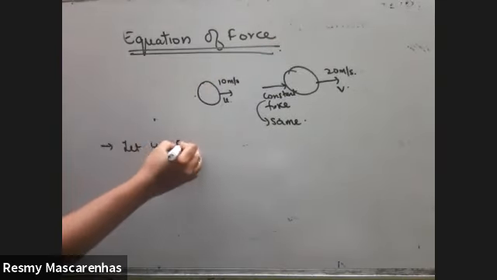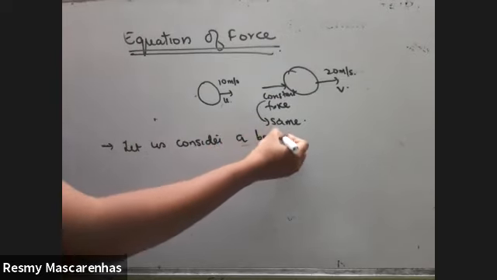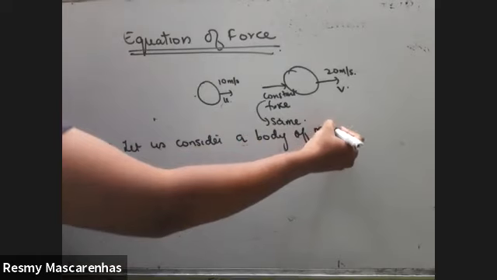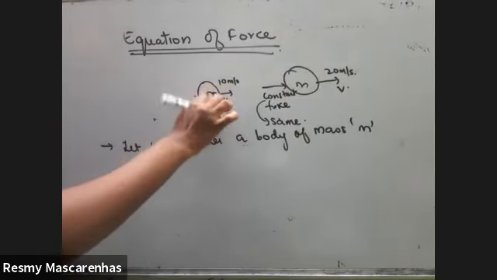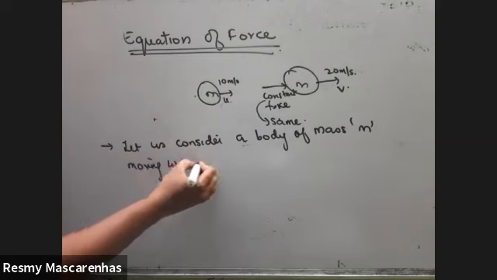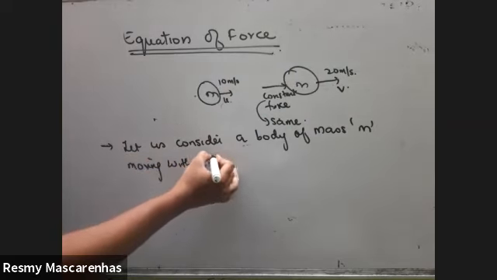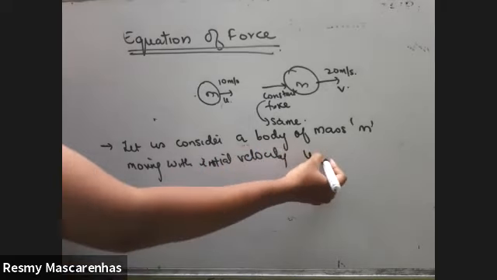So let us consider a body of mass m. This is only for example, you don't have to draw this diagram. Moving with initial velocity u.